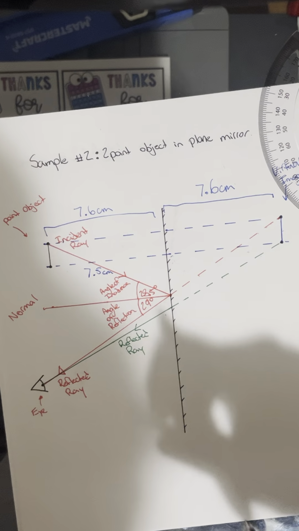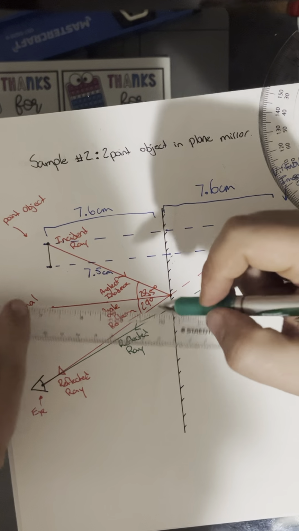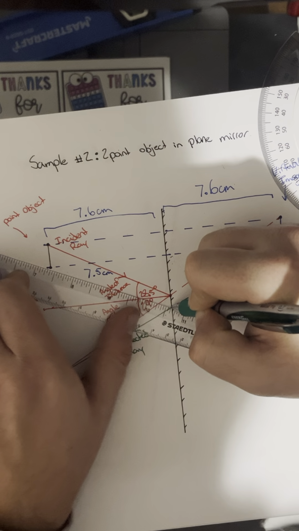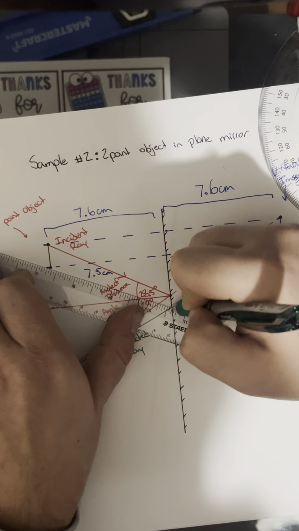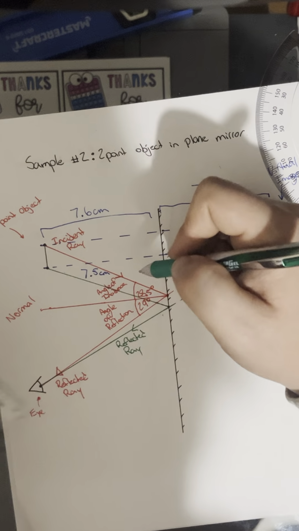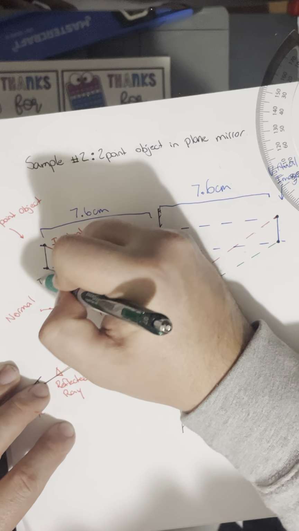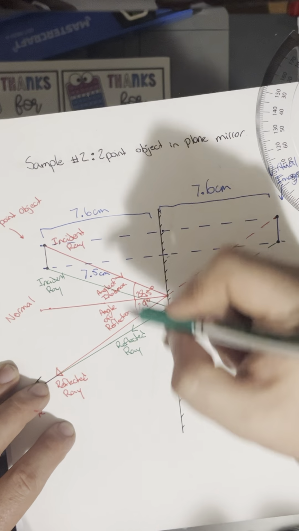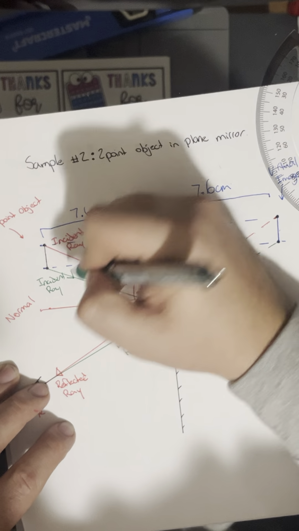And then I can move that back to the bottom point on the other side of my actual image. I'm just going to run it right through there. That is my incident ray that is going into the mirror.